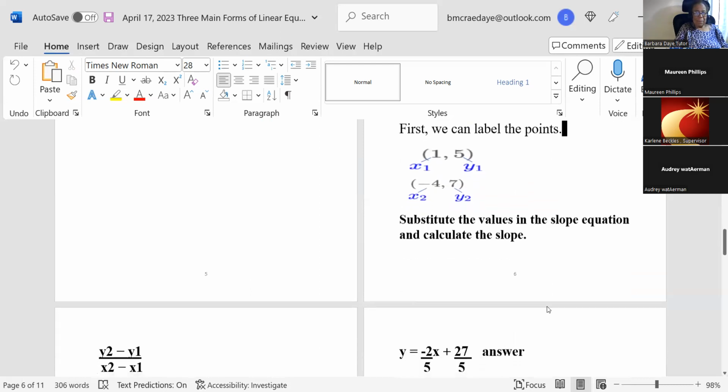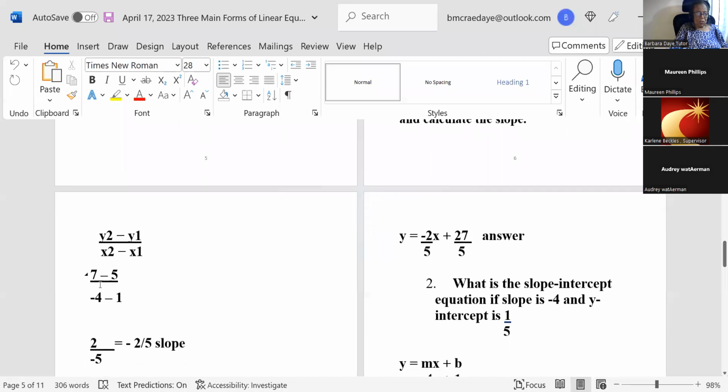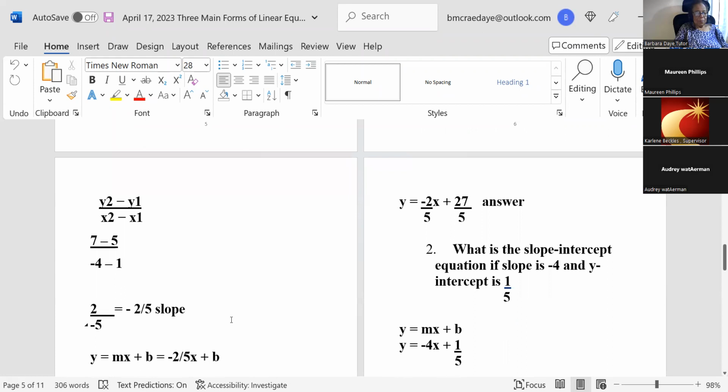Y2 minus y1 over x2 minus x1 is 7 minus 5 over -4 minus 1. 7 minus 5 is 2, and -4 minus 1 is -5. So your slope is -2/5. Then when you substitute into y equals mx plus b, the m is -2/5. There's your x, and then plus b. There's your equation.